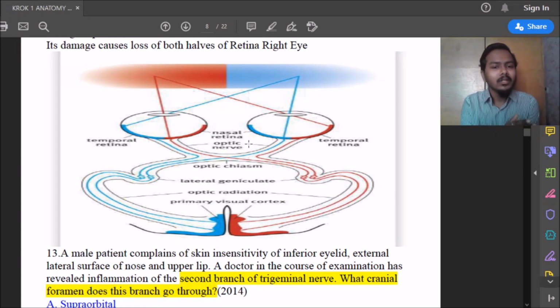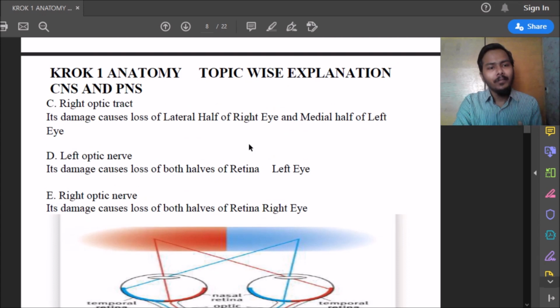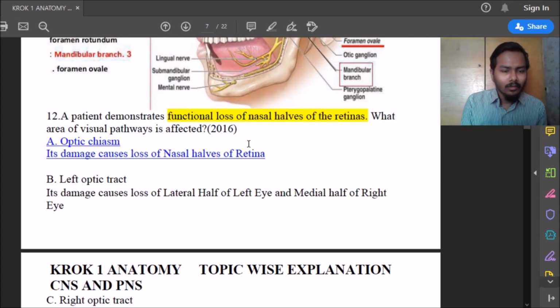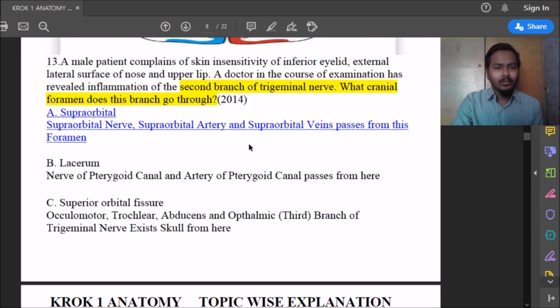If it is damaged, there will be damage to the nasal retina fibers, so the patient will lose that part of vision. So the answer is optic chiasm damage. The same question, the second part of the trigeminal nerve goes through the superior orbital fissure.